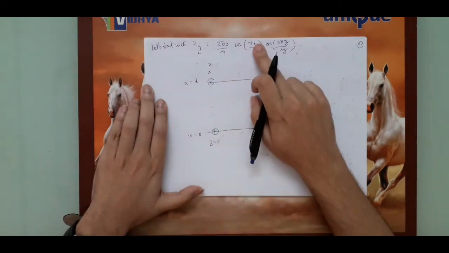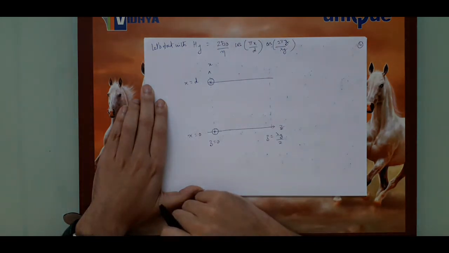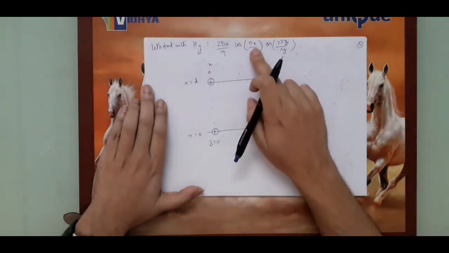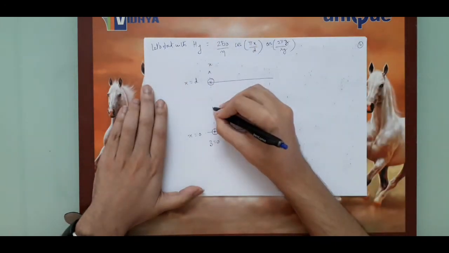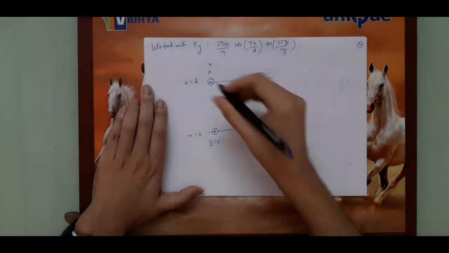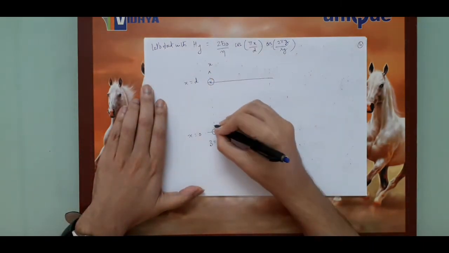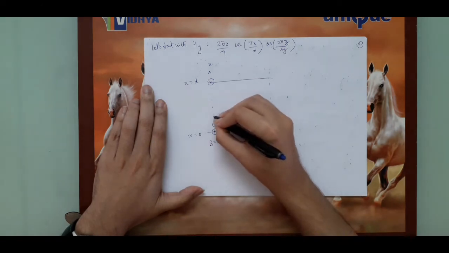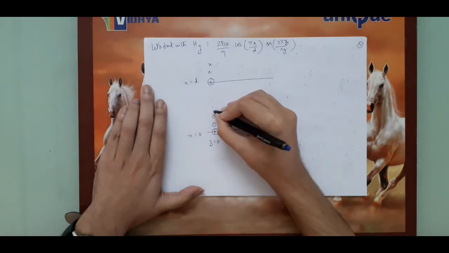Now what happens when x becomes equal to d by 2? In that case, this becomes cos of pi by 2 and the whole field vanishes. So somewhere in the middle, we are going to have a 0. So effectively what's going to happen? If you look at the field alignment, you will have reducing field magnitudes as a function of distance.